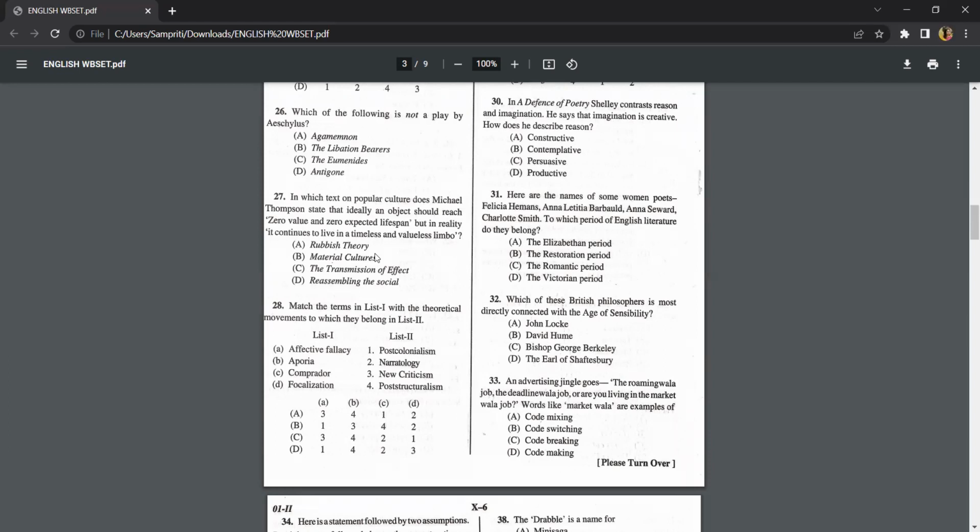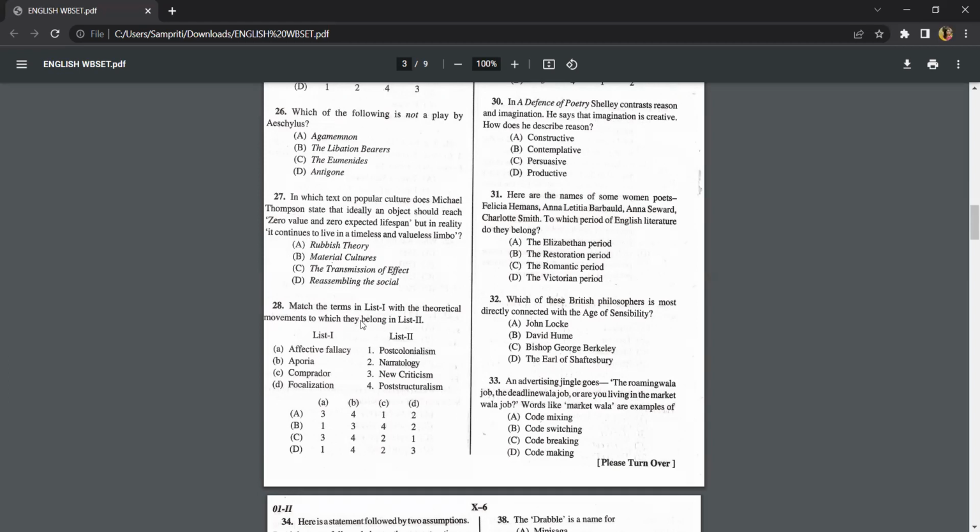It's very important, like speech act theory, cyborg, death of language, this kind of appendix information. So Michael Thompson is related to rubbish theory. Option A is the correct answer.